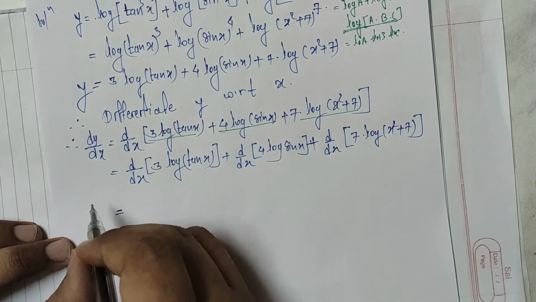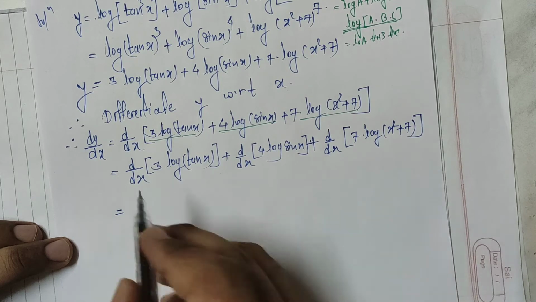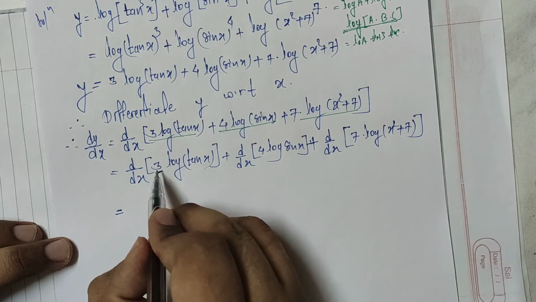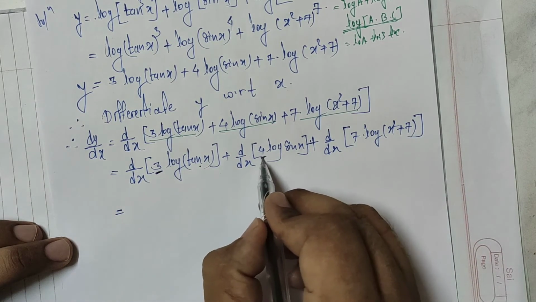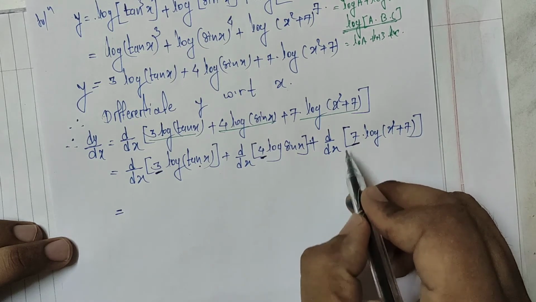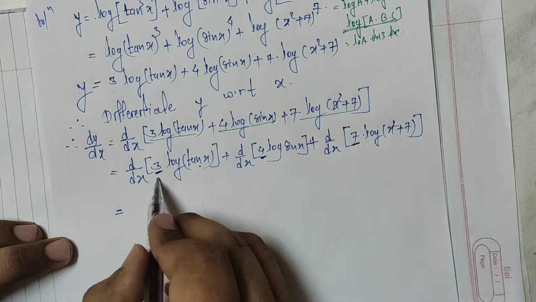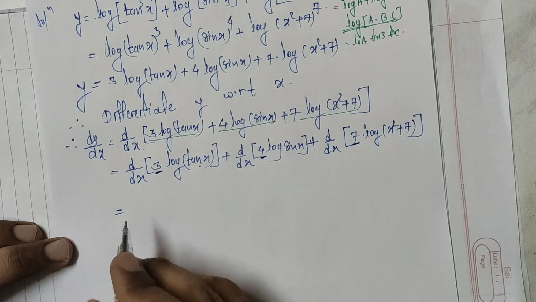Here, in each term some constant is available. Here 3 is constant, 3 into log of tan x. Here 4 is constant, here 7 is constant. Therefore we are taking the constant outside the derivative.